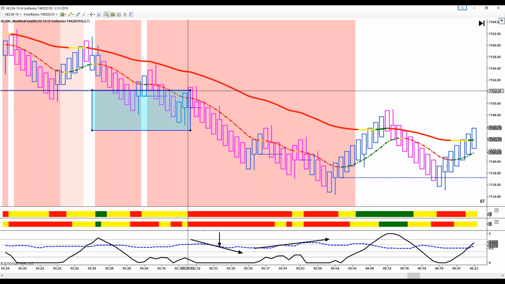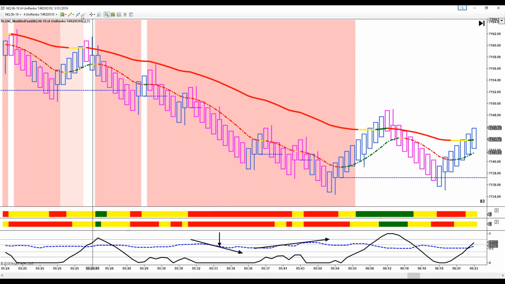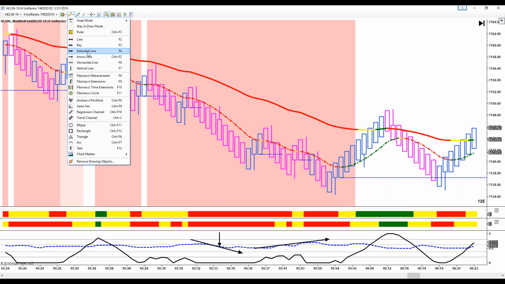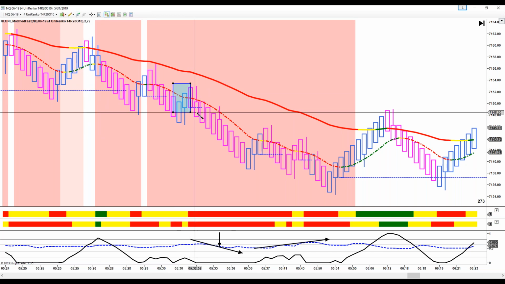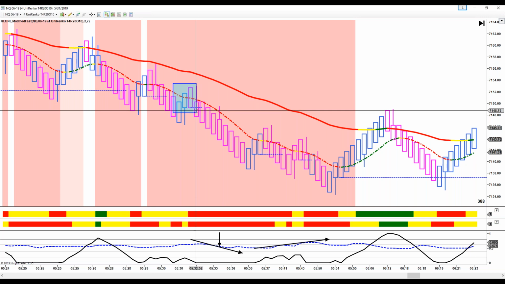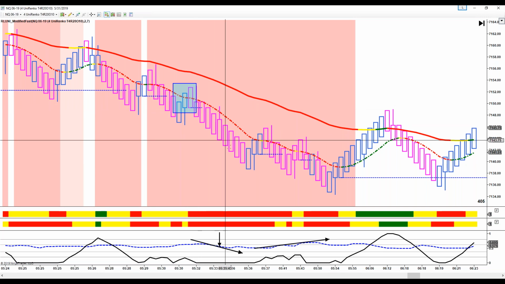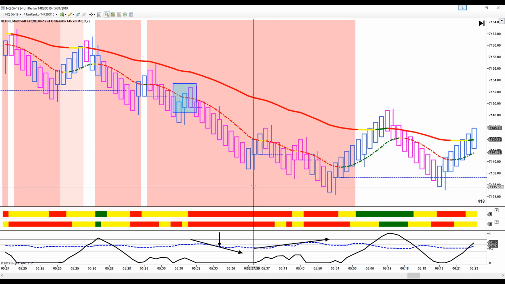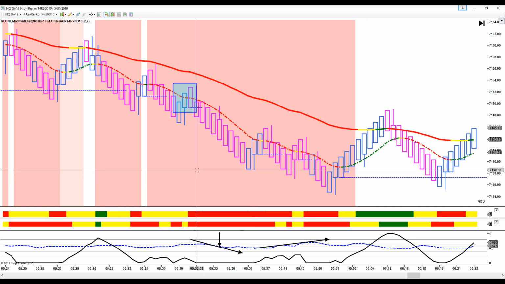I don't know what happened to this box. Now, they are doomed. And I also want to show you the forward-looking ability of order flow. This up candle is on down order flow, and it foreshadows the collapse in price. We're going to go short right here.